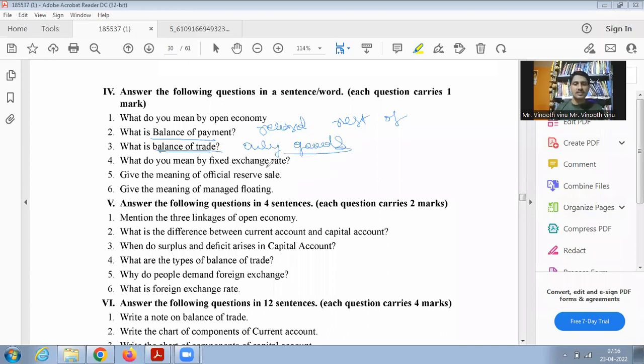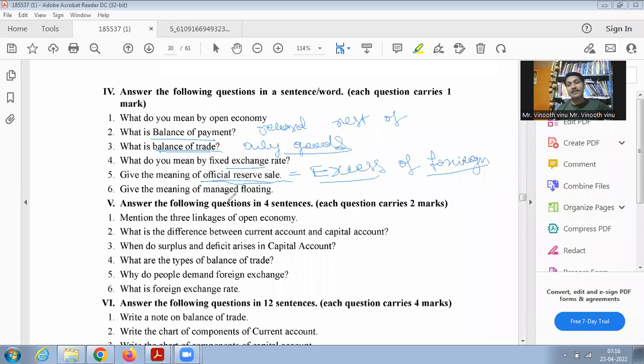Next, what do you mean by fixed exchange rate? The exchange rate of one currency is fixed by government. What is the meaning of official reserve sale? When there is excess of foreign exchange for a country, then it is called official reserve sale. Excess of foreign exchange reserve.